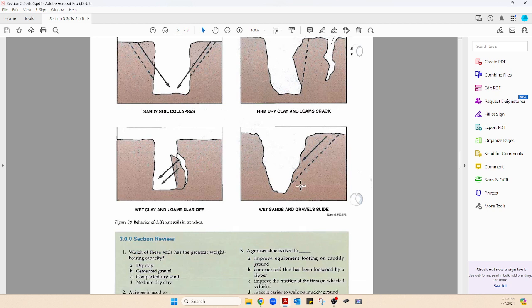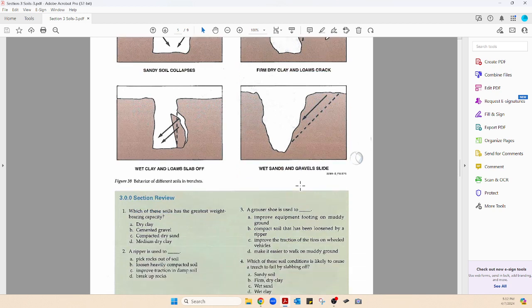I wonder if we would remember which of these soils has the greatest weight bearing capacity: dry clay, cemented gravel, compacted dry sand, medium dry sands. It says the greatest weight, I would say cemented gravel. That's gravel with Portland mixed in with it, set up and dried. Now, compacted dry sand is going to hold up a lot if you can contain the sand.